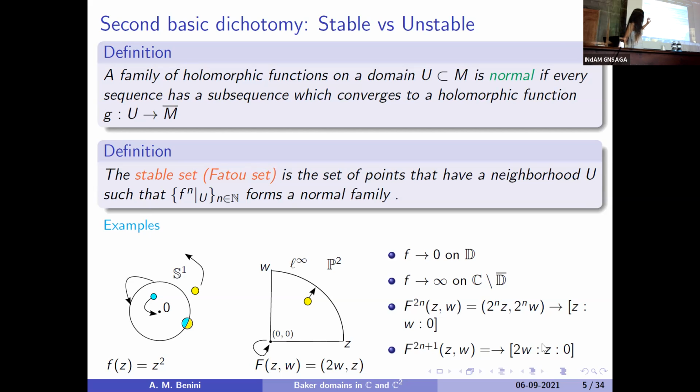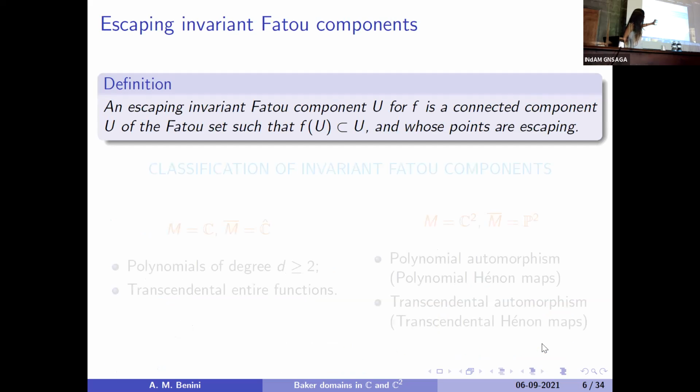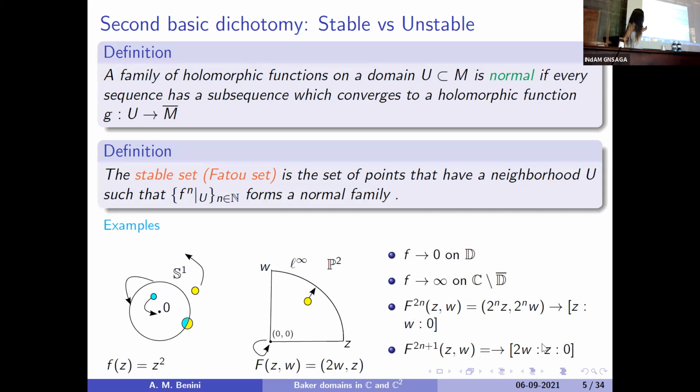Let me go over this again, just one more time. We take a point, we take a neighborhood of it, and we look at what happens to this neighborhood under iteration, okay? The family of iterates is a family defined on this neighborhood. So now we look at whether this is pre-compact in the family of all holomorphic functions which go from our small neighborhood to the closure of the manifold.